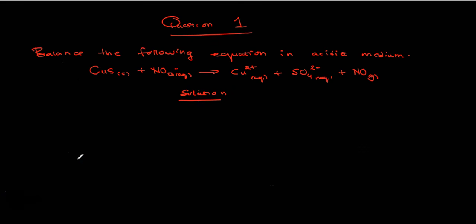So this is the question you may likely find in an exam. In tests, you may actually not be asked to solve this question in your quizzes. So the question reads: balance the following equation in acidic medium. You have been given copper(II) sulfide plus nitrate ion producing copper(II) ion plus sulfate ion and nitrogen monoxide gas.